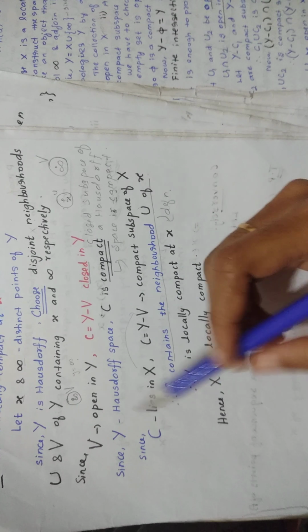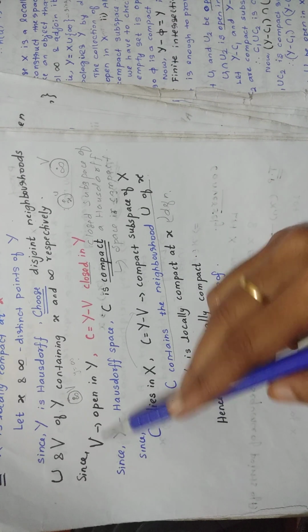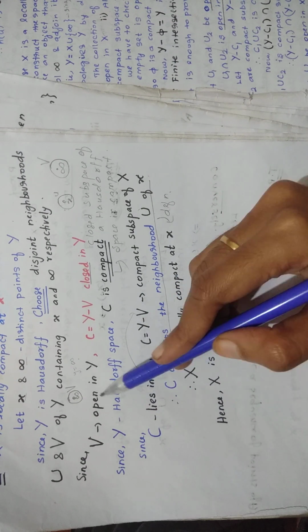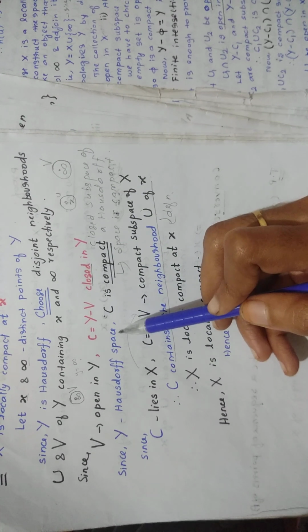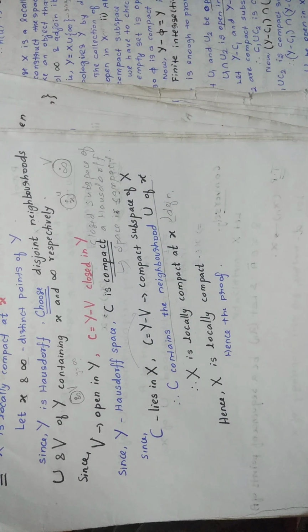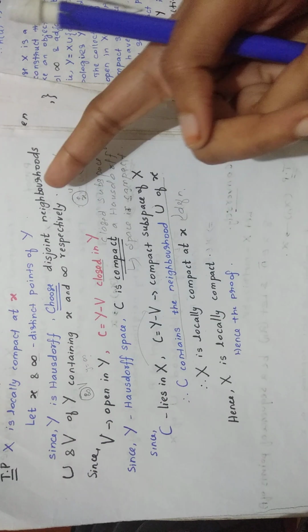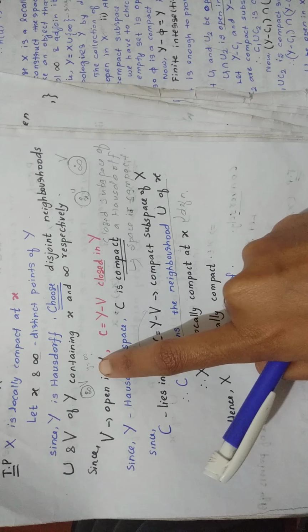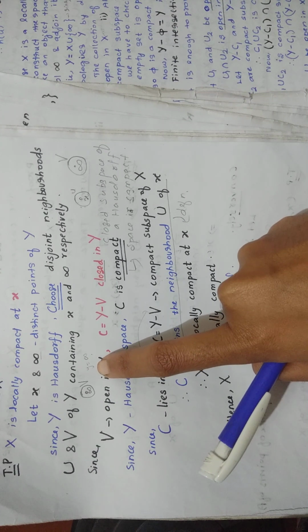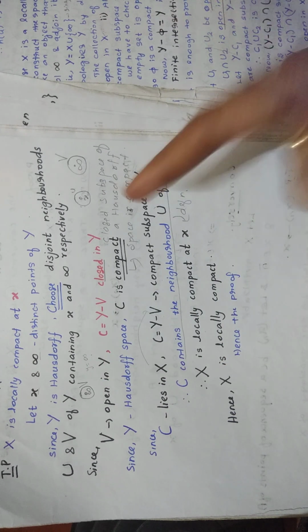Since V is open in Y, Y minus V will be closed in Y. If V is open in Y, when you subtract this open set from Y, the resultant will be closed in Y.